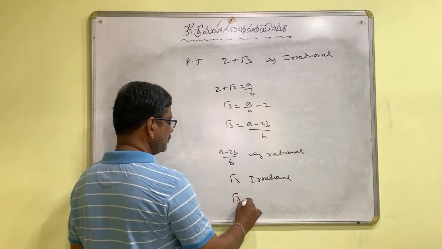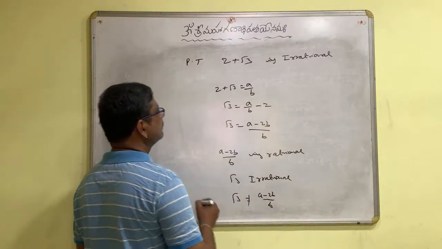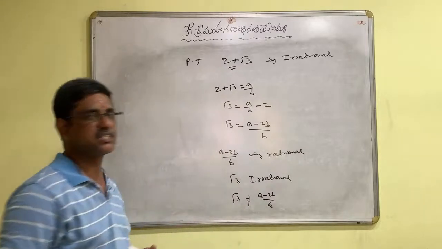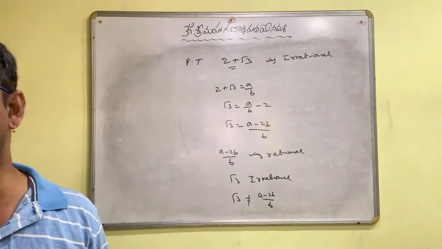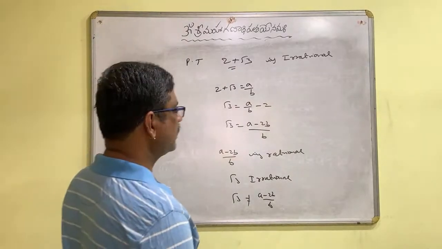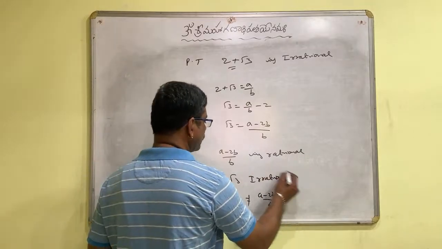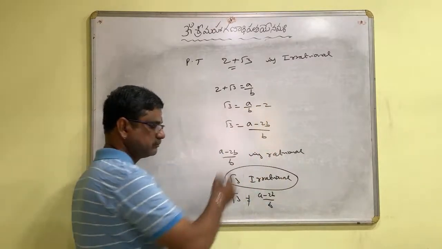So root 3 is not equal to (a minus 2b) by b. Therefore 2 plus root 3 is irrational. We can't prove it like this. We cannot prove like this because it is not given that root 3 is irrational.